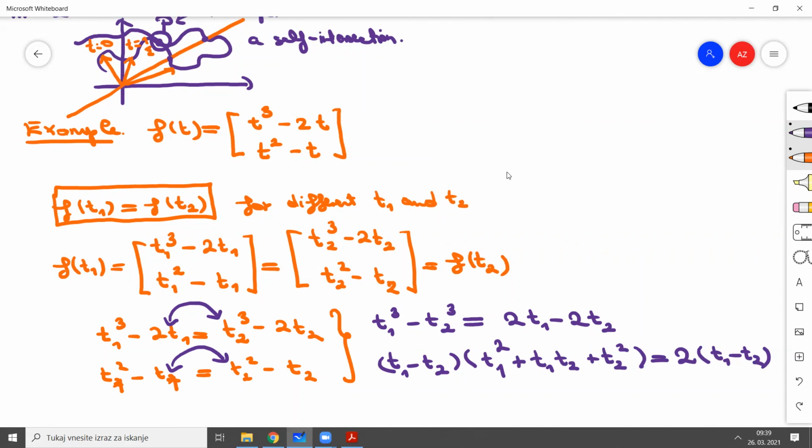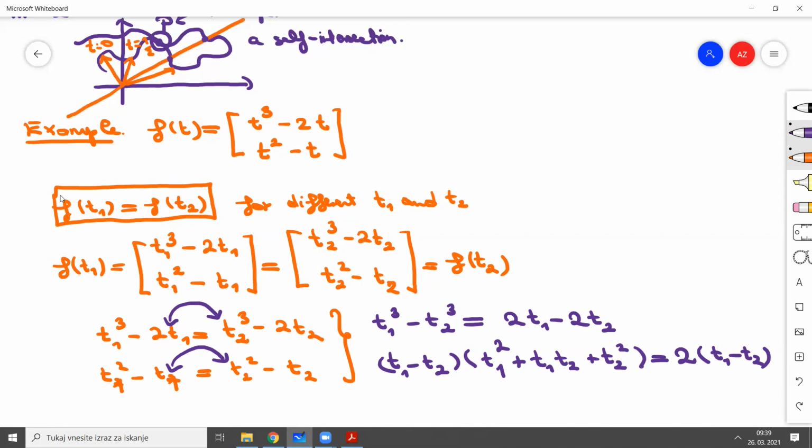So here, one of the solutions of this equation is t1 is equal to t2. But I'm not interested in this solution, because if t1 is equal to t2, then I don't get a self-intersection because t1 and t2 are not different. Of course, if I take t1 equal to t2, this condition will be satisfied, but such solutions do not interest me.